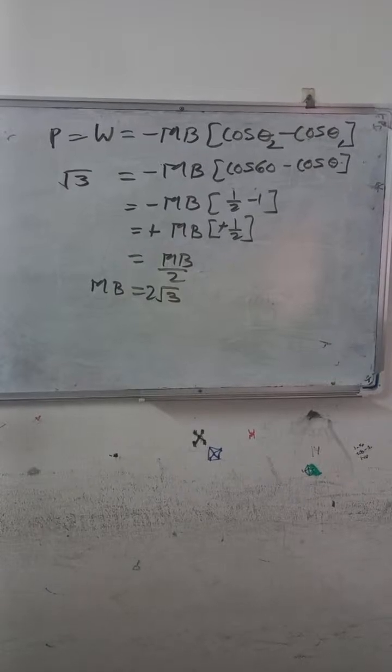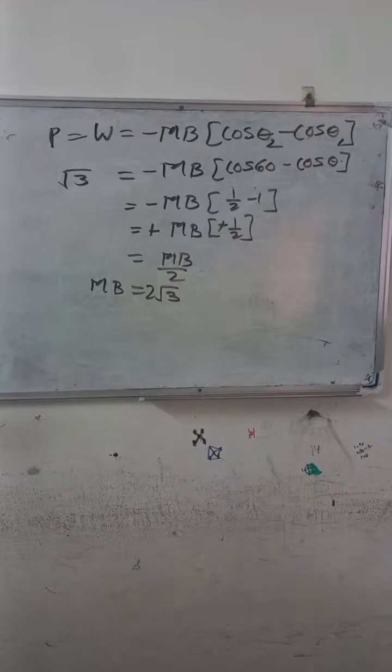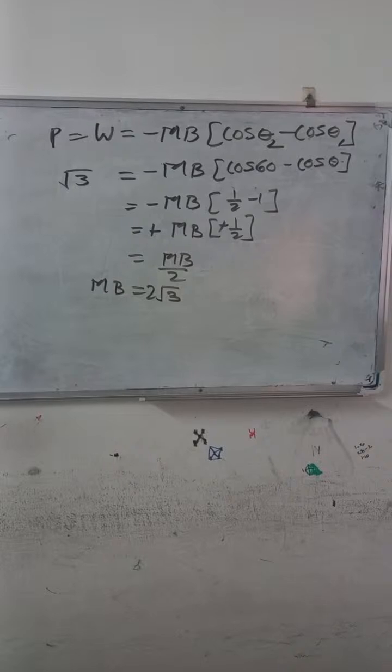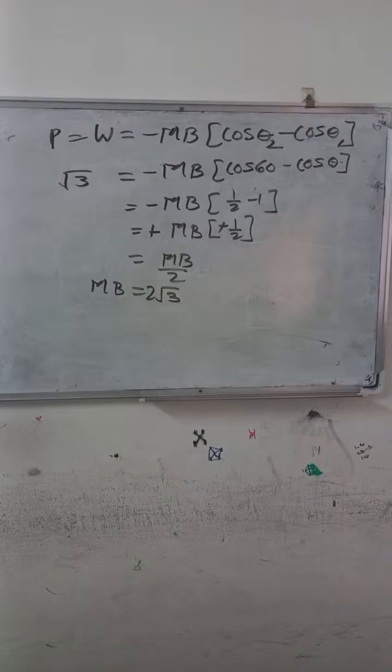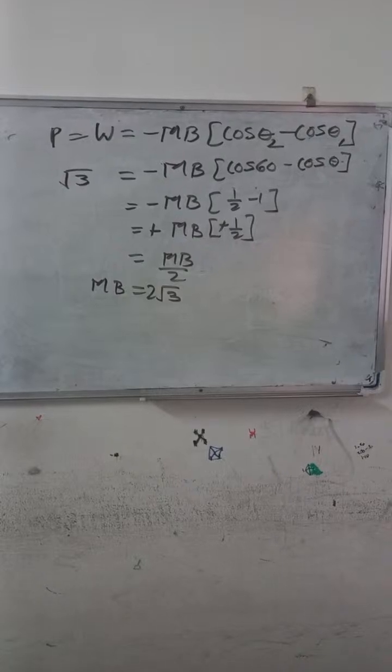So the option is A, option A is the correct option? Check here. Work done gives MB equal to twice root 3.